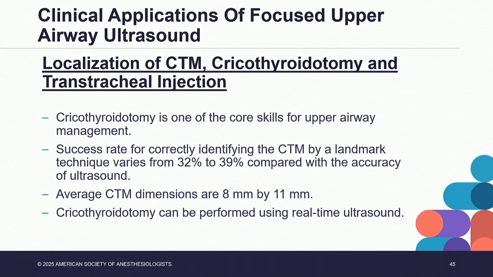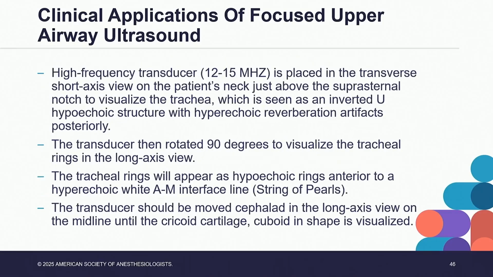Cricothyroidotomy can be performed using real-time ultrasound, of course. Place the high frequency transducer in the transverse view on the patient's neck, just above the suprasternal notch, moving up to visualize the trachea, which looks like an inverted U shape. Then rotate the transducer 90 degrees and move up to visualize the cricoid and the cricothyroid membrane, move a little bit laterally, and go in real time out of plane.